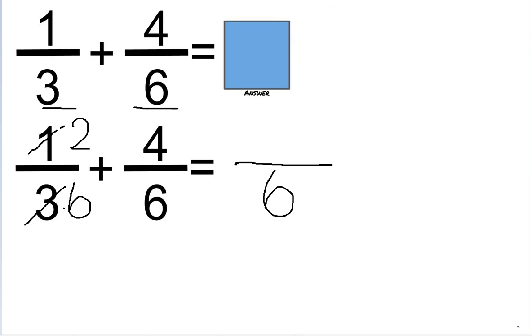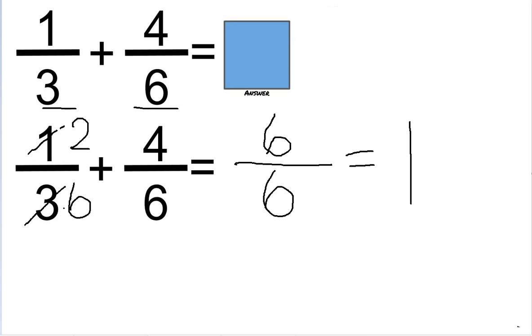I'm still dealing in 6. So I'm going to go right across the top, and I'm going to add my 2/6 to my 4/6, and all together I have 6/6. If I have 6/6, that means my whole is completely shaded. It is completely full. So I know that 6/6 is equal to 1.